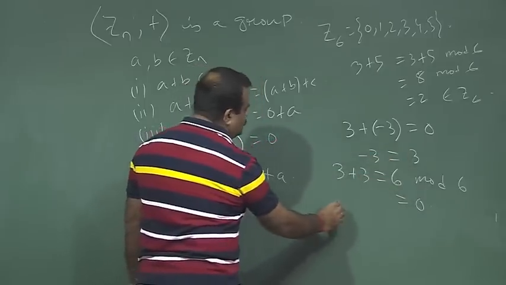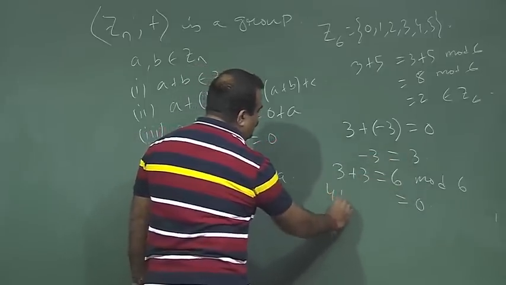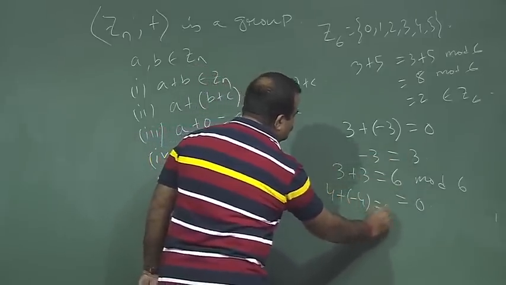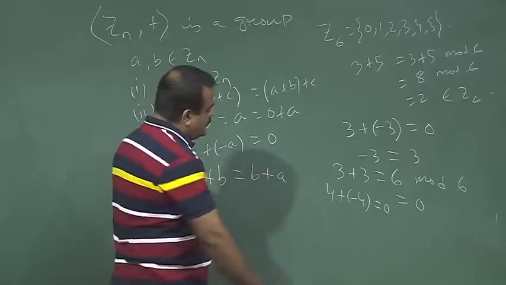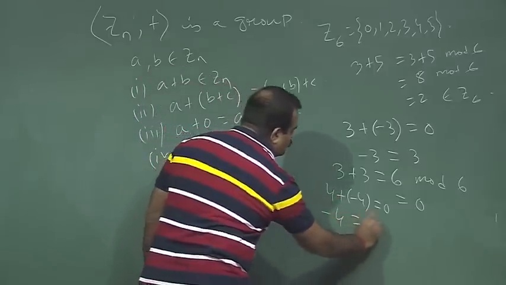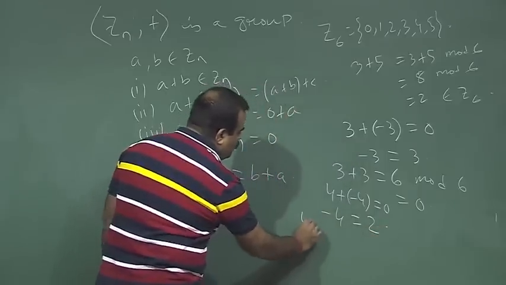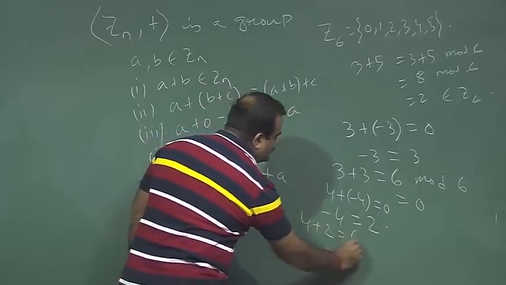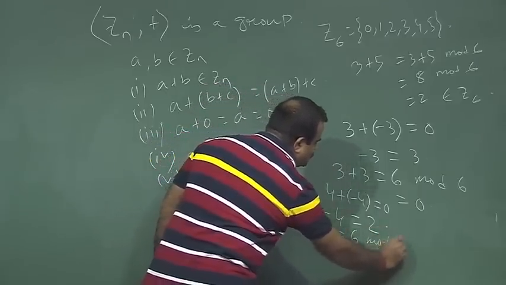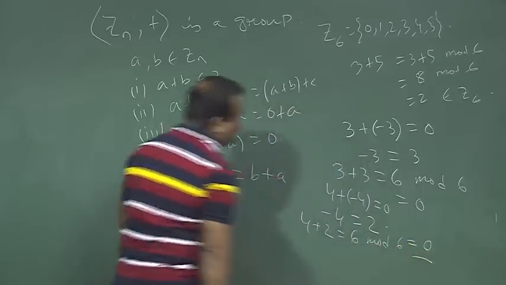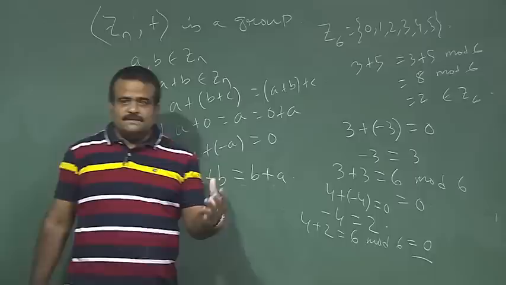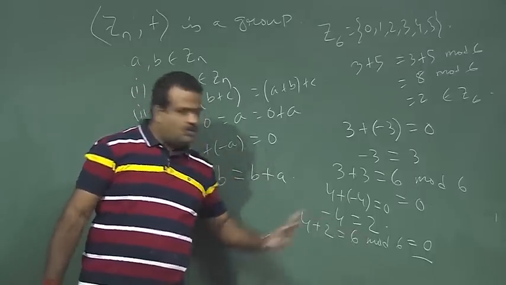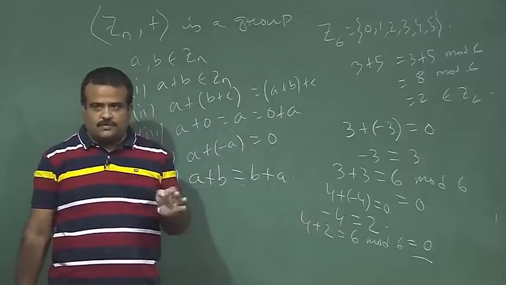Now, what is minus 4? So, 4 plus minus 4 should give us 0. Okay. So, basically minus 4 is 2, because 4 plus 2 is basically 6, and 6 mod 6 is basically 0. The operation is as if it were real number addition, but under the mod 6 operation.